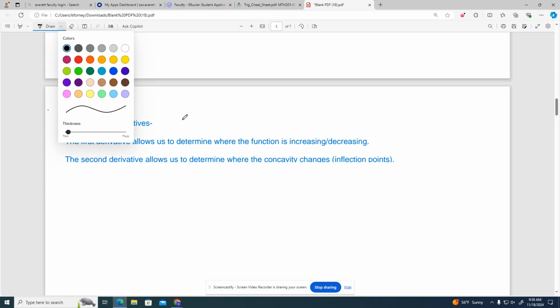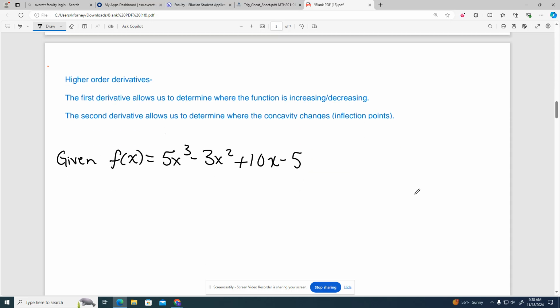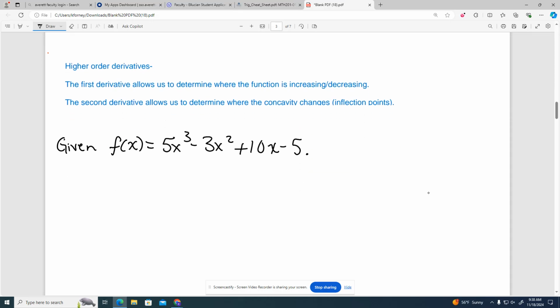Now I want us to actually start with a function. So if we're given f of x equals 5x cubed minus 3x squared plus 10x minus 5. So we're given this.